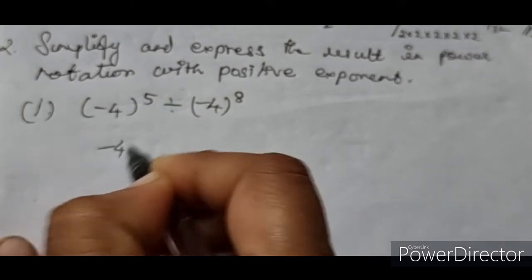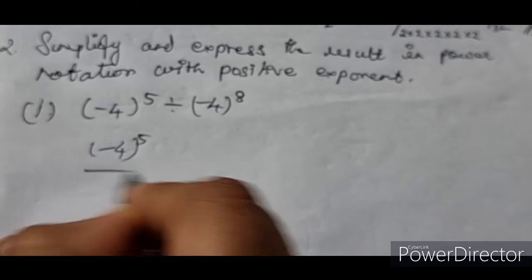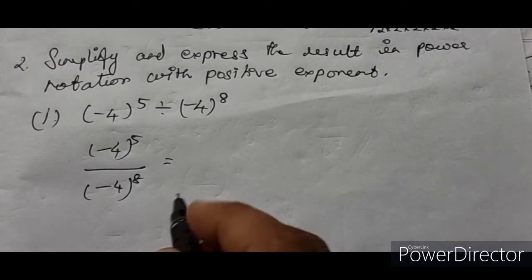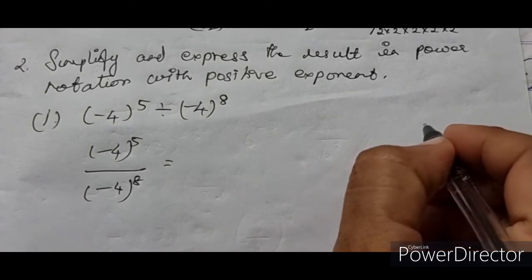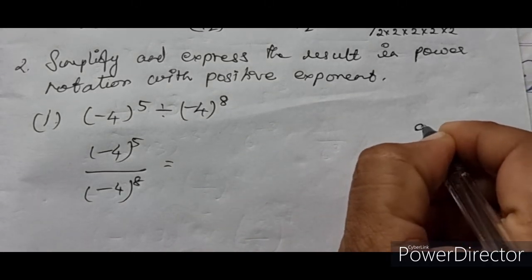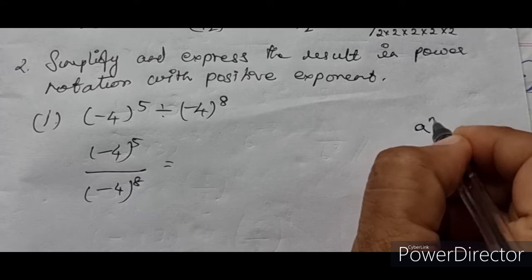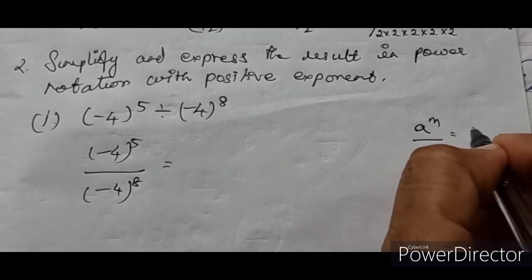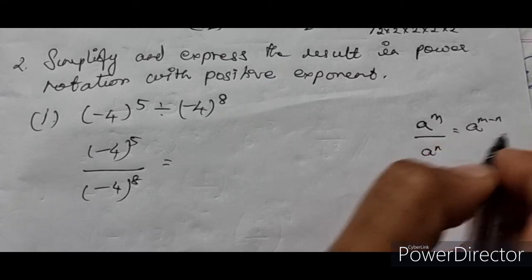So minus 4 to the power of 5 divided by minus 4 to the power of 8. This uses the rule that a to the power of m divided by a to the power of n can be written as a to the power of m minus n.